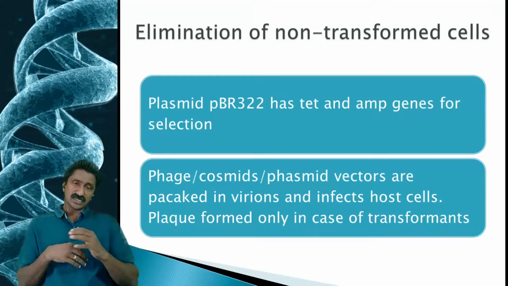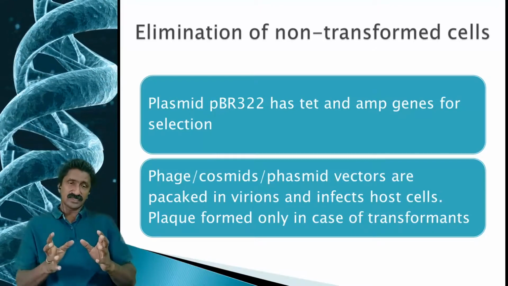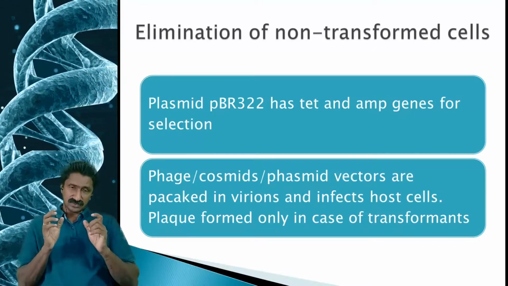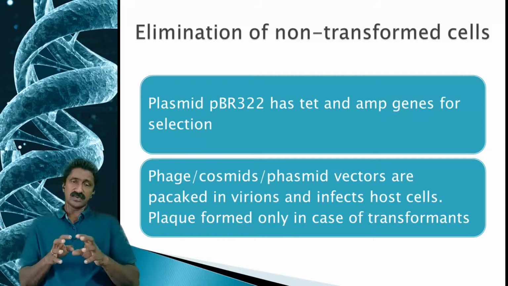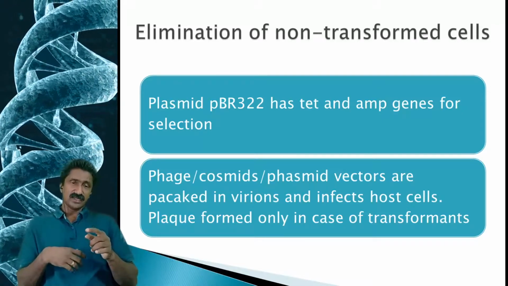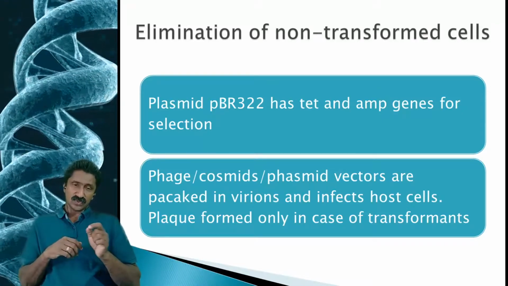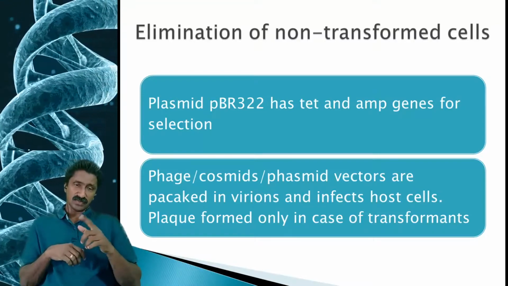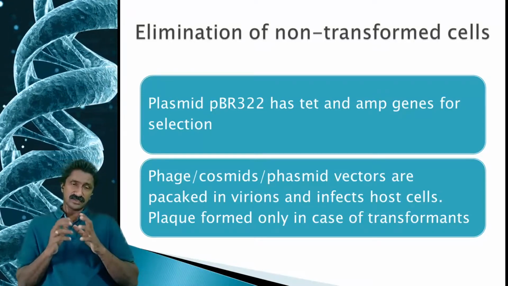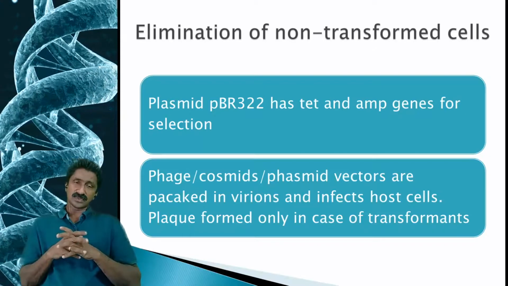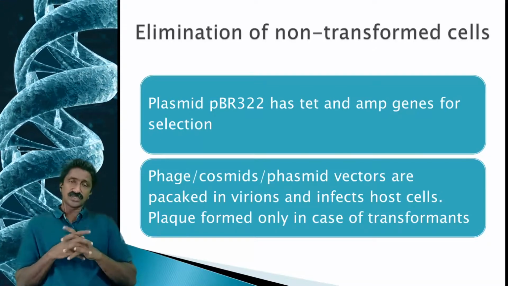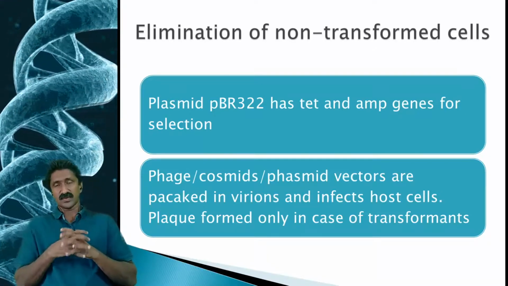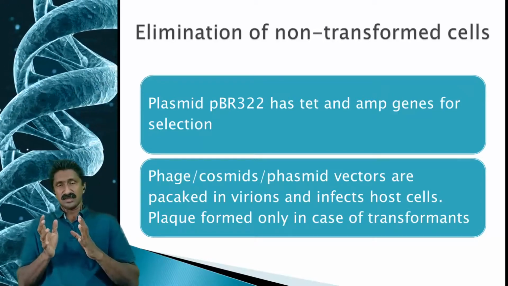Once it infects the cells, it lyses them, and the infected cells will form plaques in the plates. So formation of plaques confirms the successful infection of the host cells by such vectors.